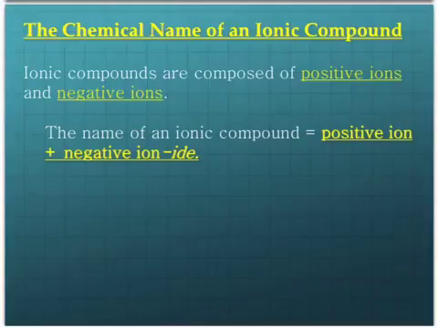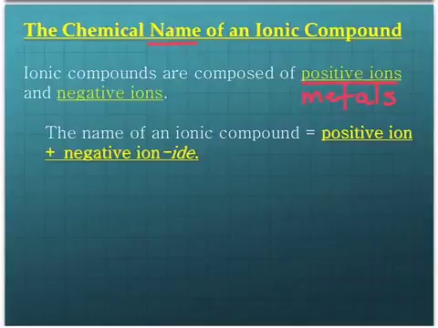In this section, we're going to talk about naming and writing of basic ionic compounds. Let's first start off with the naming of ionic compounds. These ionic compounds are composed of positive ions, and if you remember, positive ions, when you look on the periodic table, are all those ions that are metals.